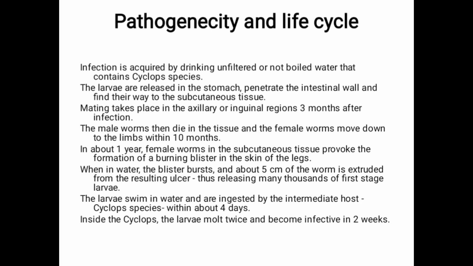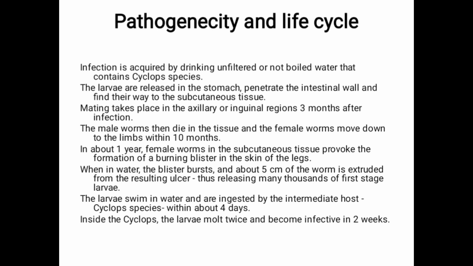Subcutaneous tissue is the tissue of your skin. If you look at your left hand, where you get a BCG, you come to understand the subcutaneous layer of the skin.